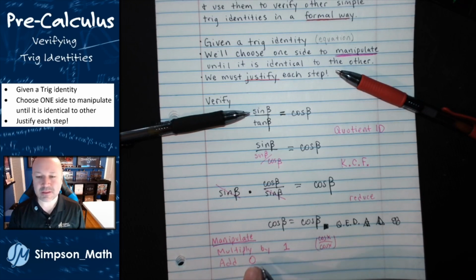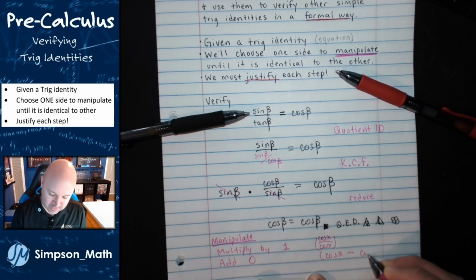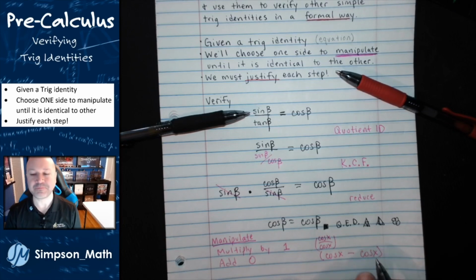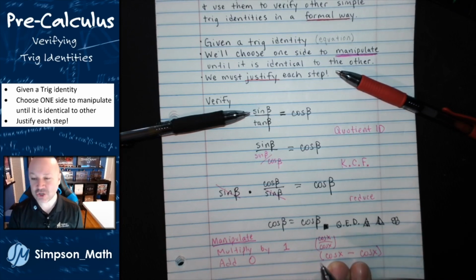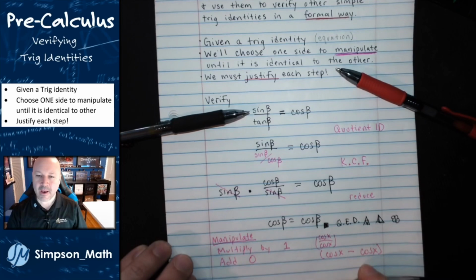Now, that may not make much sense, but think about this. What is cosine x minus cosine x? Don't those cancel to 0? So I could add this to the left-hand side, and that's a form of 0 that I'm adding. It's pretty fancy, but it's legal. I don't know how often we'll use that one necessarily, but that's just something we can do.